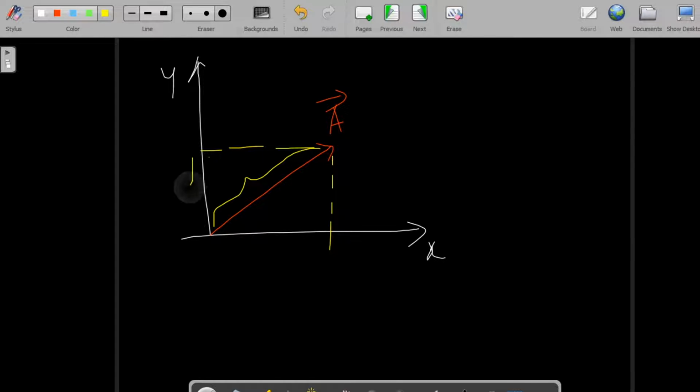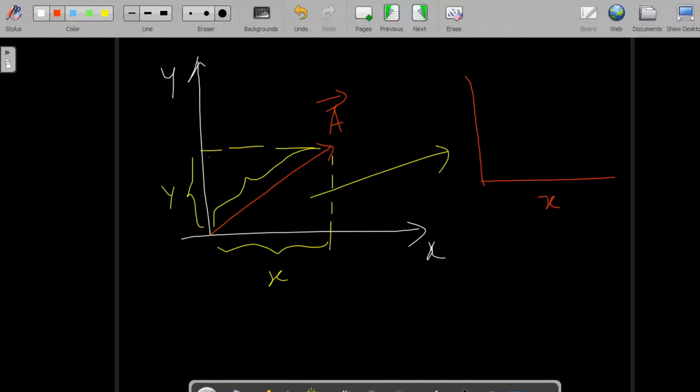Now this length is y length, and this much length is x length. Now see, if I project only this portion, this can be viewed as a triangle. So I have x length here, and y length here.